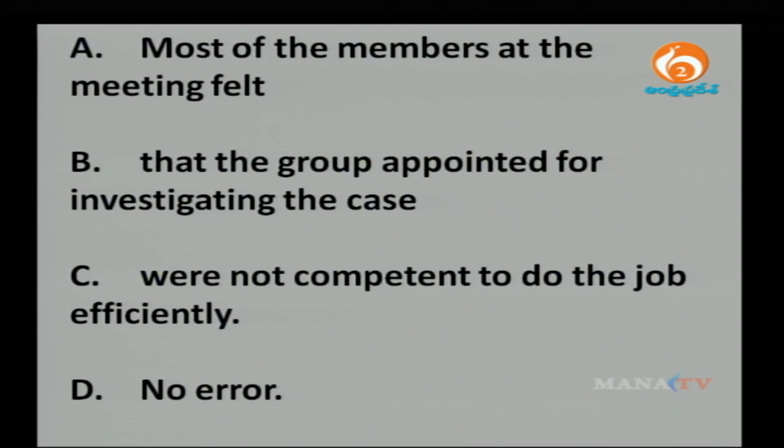Read again. This is a slightly bigger sentence, so you need to read and understand.